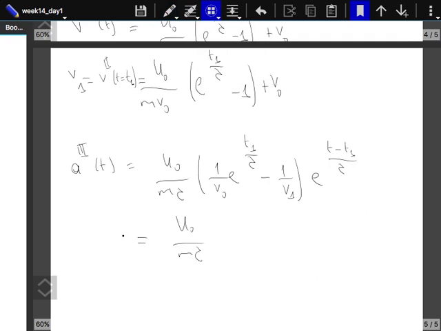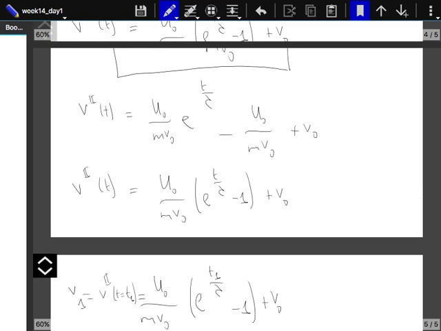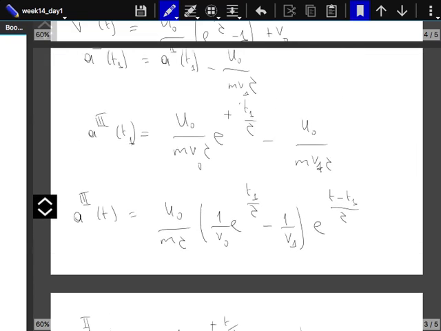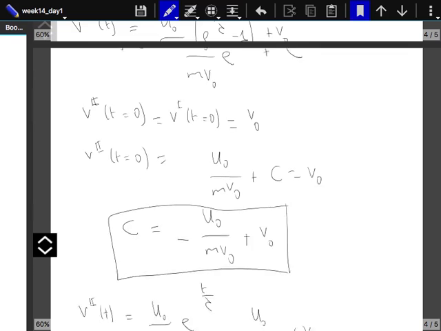I'm not going to do that. And well, let's see what we have. Now, the velocity in region 2.